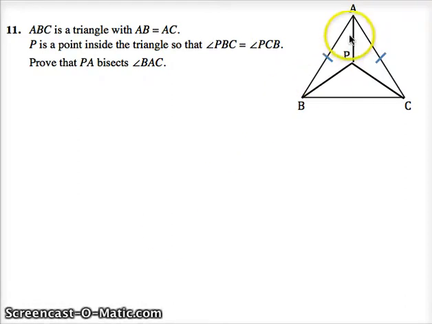Now, because we're trying to prove that those two angles are equal, we should be trying to prove that triangle PAB is congruent to triangle PAC. And if we work in those two triangles and prove that they are congruent, then we can say that angle BAP and angle CAP are corresponding angles of congruent triangles. So let's start with that.